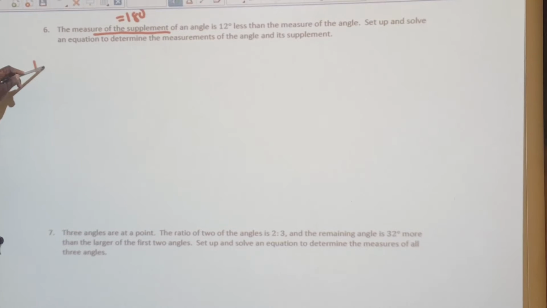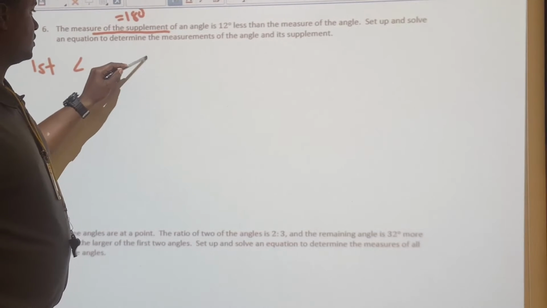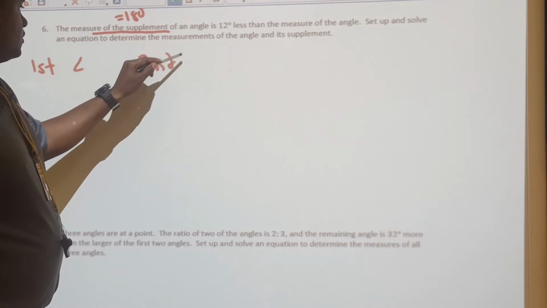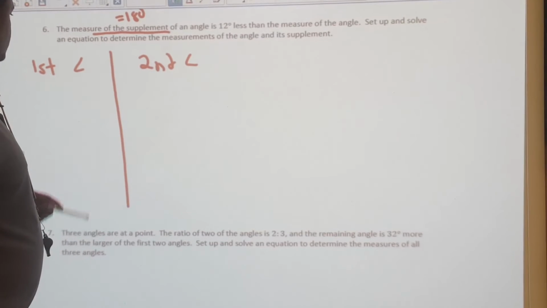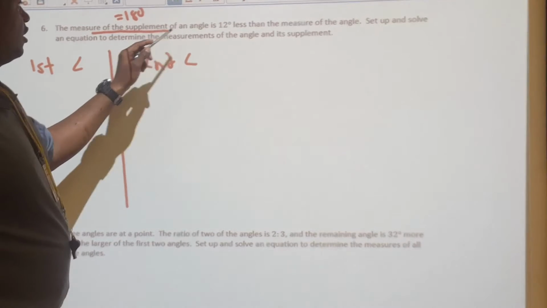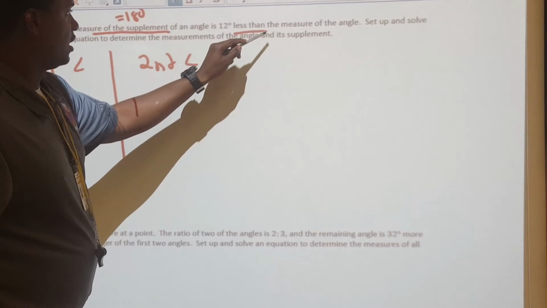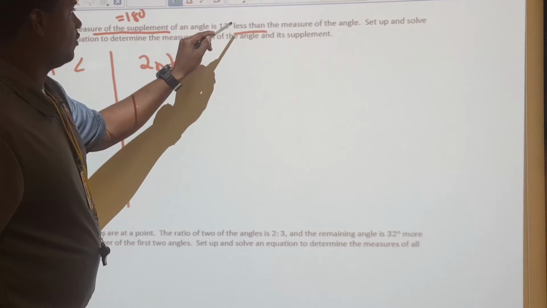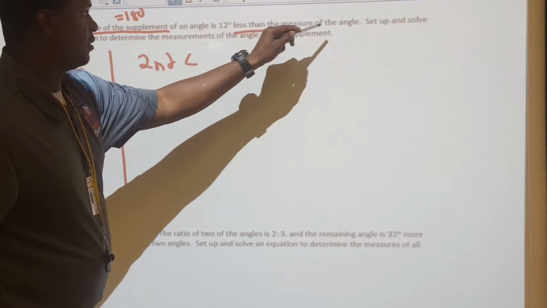So I have a first angle again, and I have a second angle again. Now it says the supplement of an angle is 12 less than the measure of my first angle.